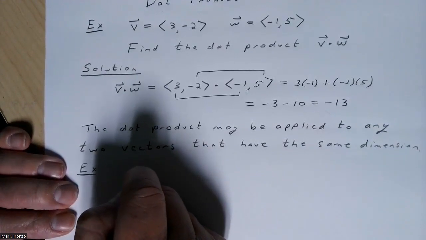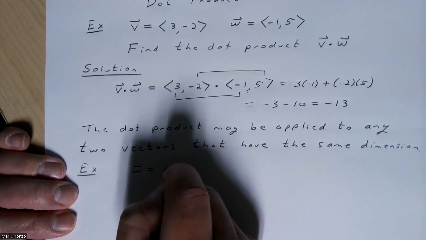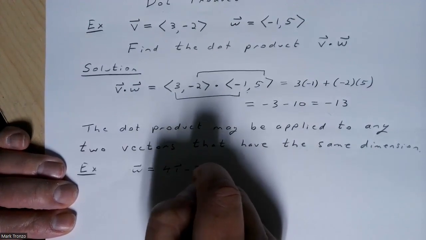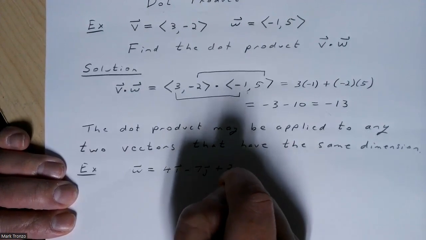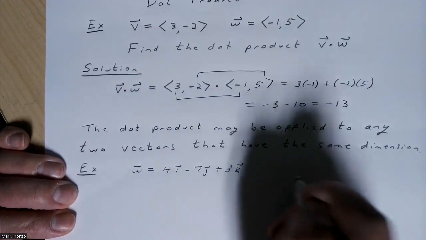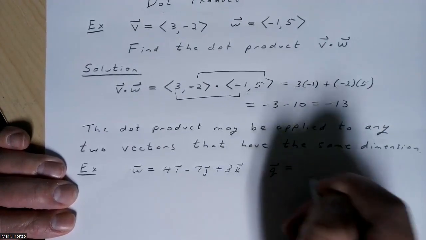Let's say you have W is 4I minus 7J plus 3K. And let me call another vector Q, just to do something different.